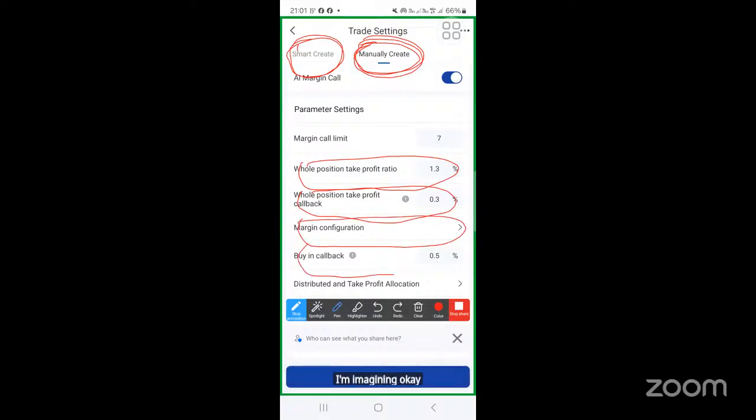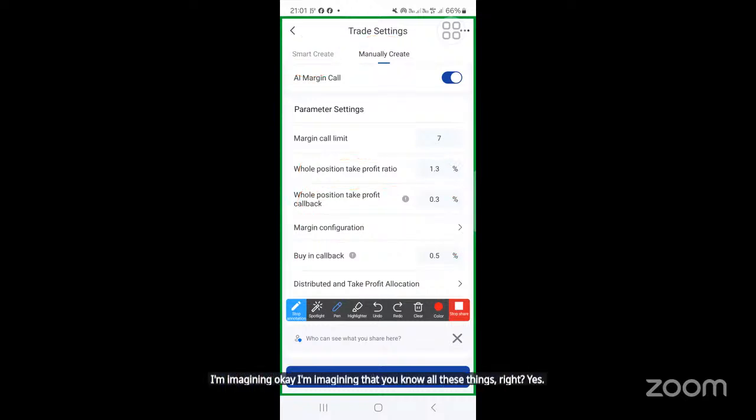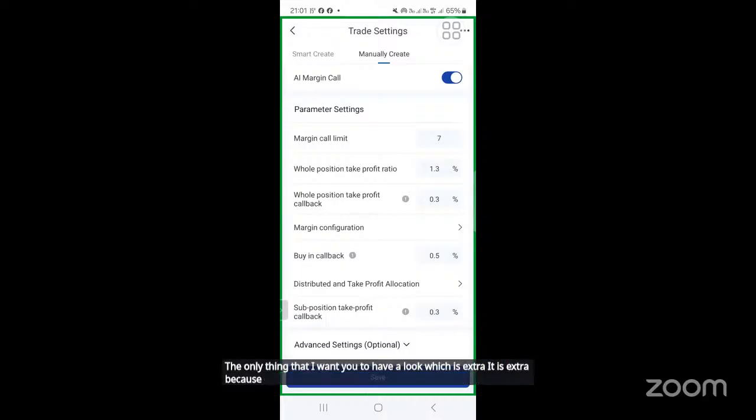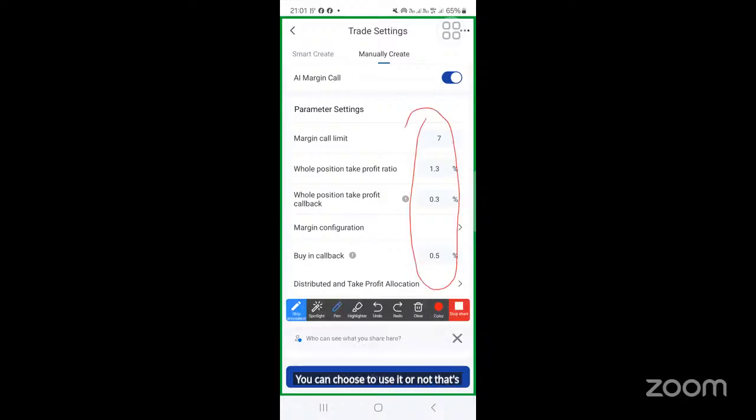I'm imagining that you know all these things, and you have set them correctly. You have put in the right setting. The only thing that I want you to have a look at is extra, because it is optional. You can choose to use it or not. That's why I'm saying it is extra.